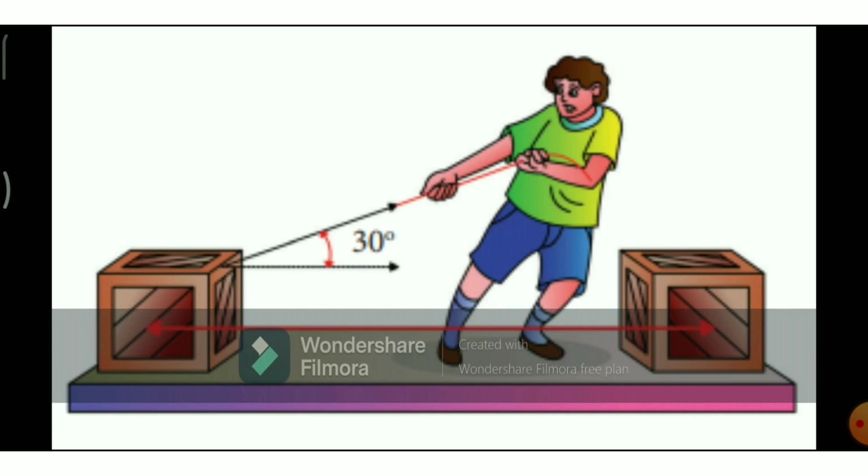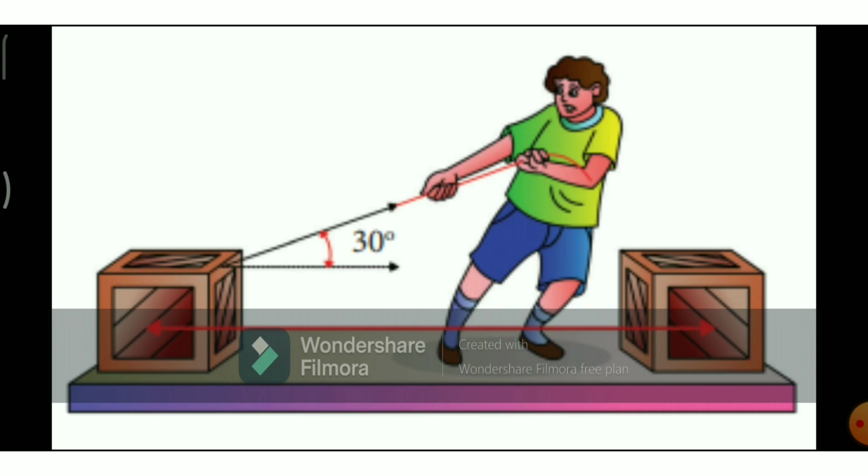To change the position of the box from one place to another, he had to apply force. The object has moved from one place to another, that means the position of the object has changed. So we say that some work has been done here. The two most important things for work to be done are force and displacement.